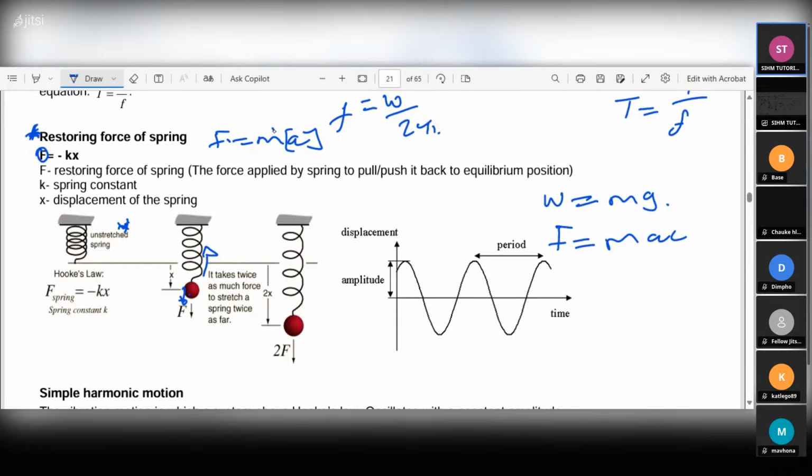In an easier way, it can be written as ma equals negative k, which is the spring constant, times the displacement. So the displacement is the displacement of the spring from the original or the equilibrium. Remember, we talked about the restoring force. As I said, this force is required to bring back the system to equilibrium.